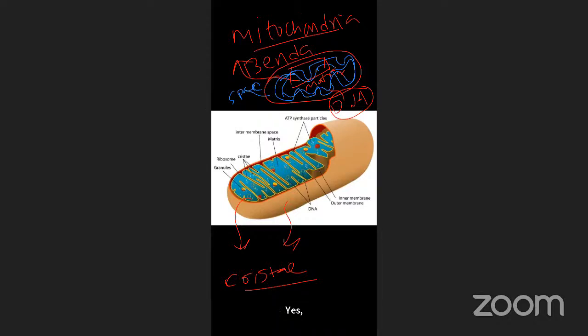The mitochondria are simple, and you already know the function: the powerhouse of the cell, which produces ATP. Already we have seen how ATPs are produced. Any doubt in glycolysis, oxidative decarboxylation, Krebs cycle?